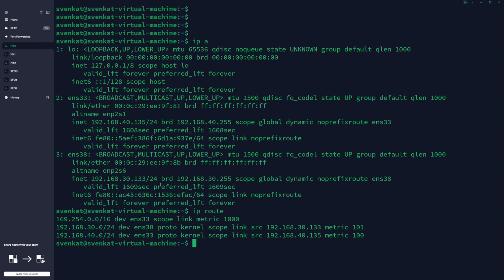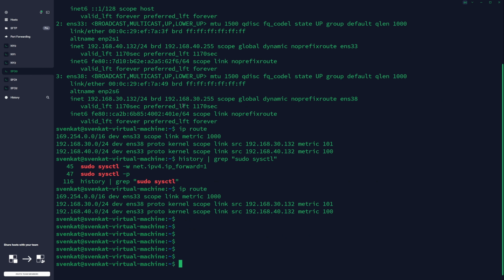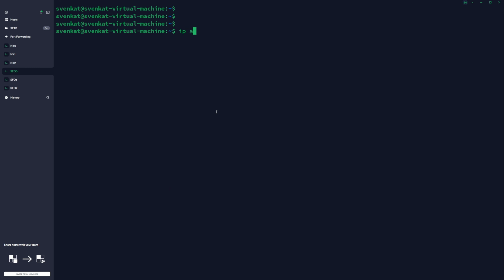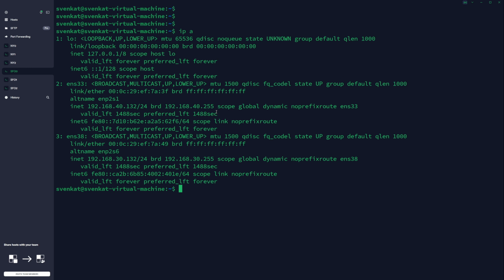So now let's go to San Francisco 0. We should see something similar there. There are two network interfaces, ens33 and ens38. The first one is connected to the 40 network, which is the San Francisco network. 192.168.40.132 is the IP address.